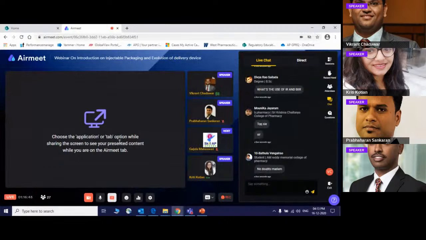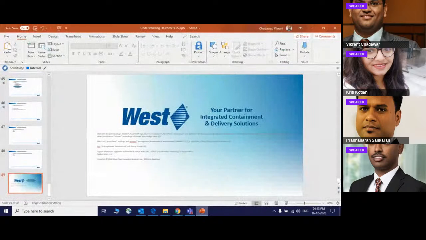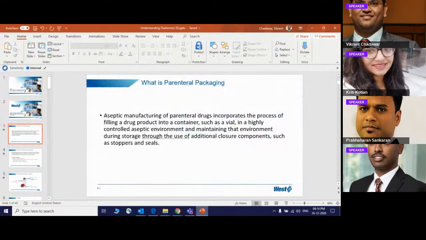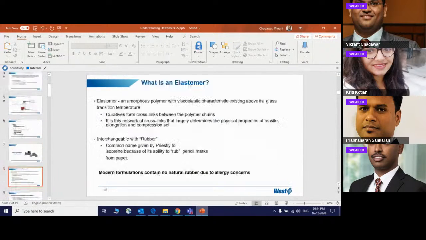So isoprene rubber has some tendency in terms of moisture or vapor. Butyl rubber is the one which is generally used, which has a good amount of barrier properties when we talk about oxygen or water. So butyl rubber has an excellent barrier property.